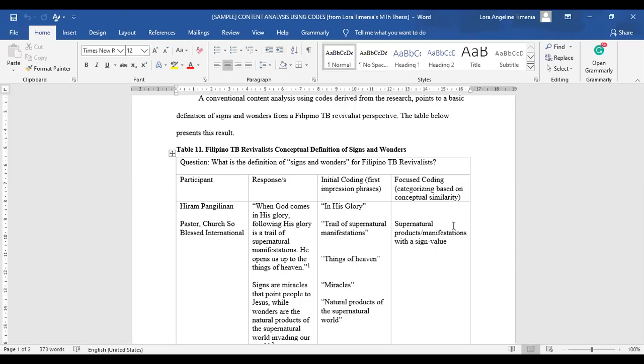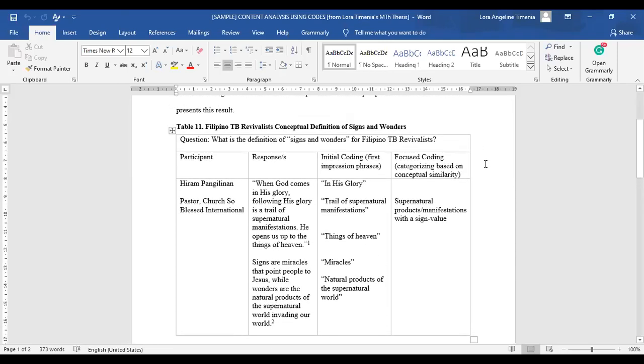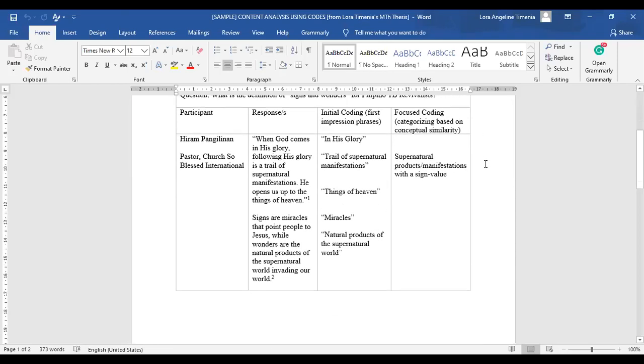But if you have like 100, a lot of people and a lot of text to analyze, then you can outsource. You can hire a professional to do the text analysis. Other websites like SurveyMonkey have text analysis software. You have to pay for it, of course. It's very expensive, but they will help you analyze and lessen the bias. So that's for content analysis using codes.